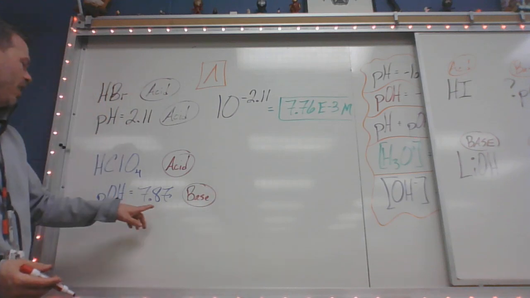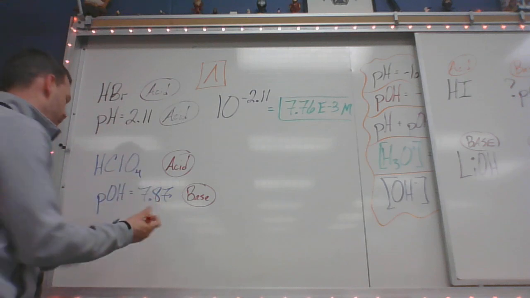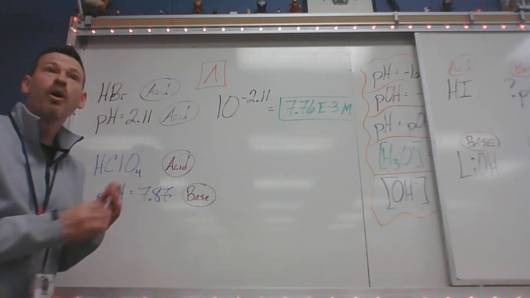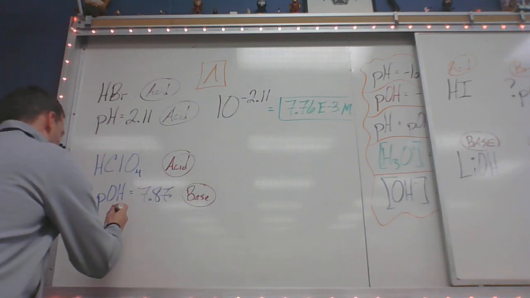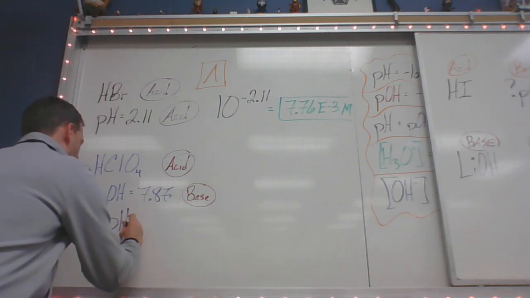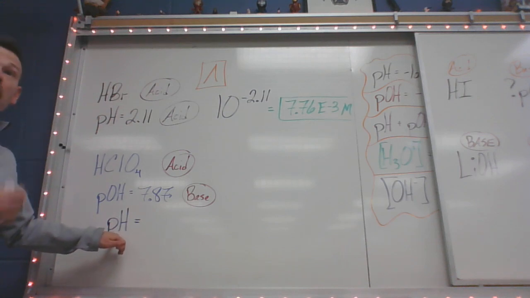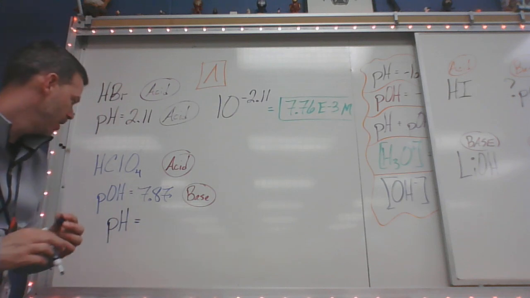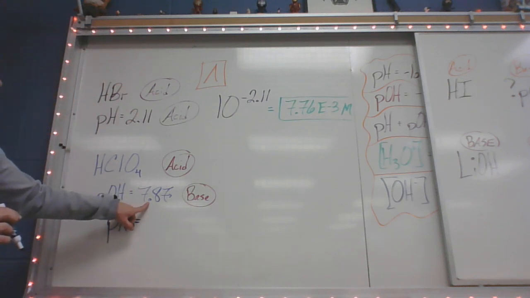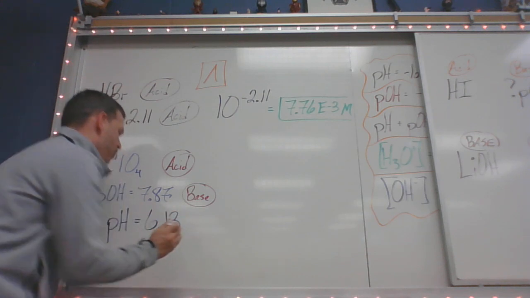Because, here's the deal: if we subtract this from 14, it will give us a pH. And then if we treat the pH with 10 to the negative, it will talk to an acid, just like we want it to. So what is the difference from 14 here? It's 6.13.